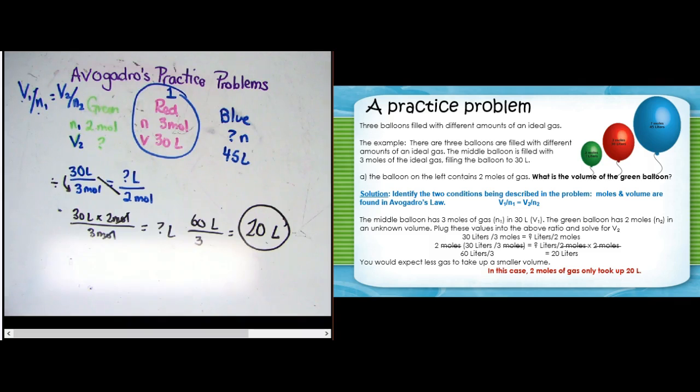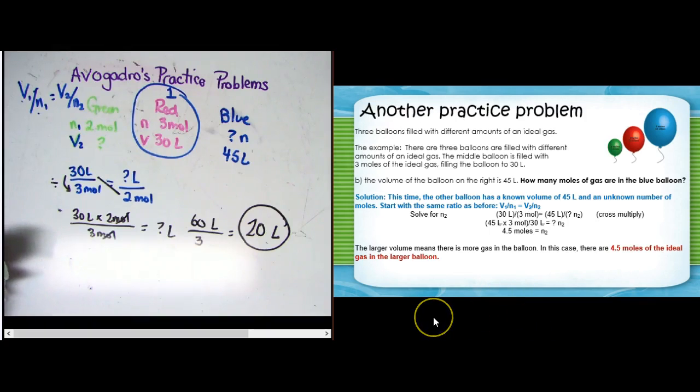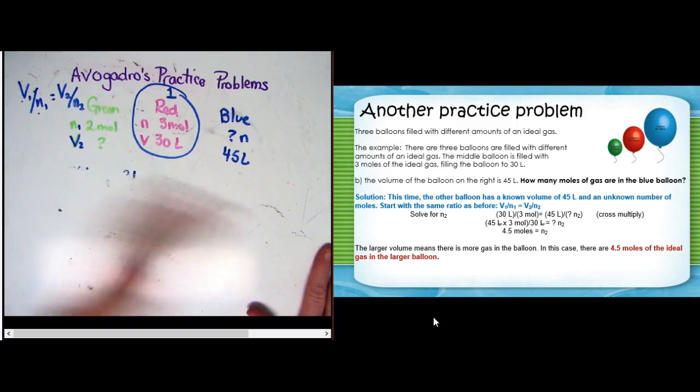Okay? You'd expect this because less gas should have a smaller volume. We had 3 moles in the red, we only had 2 in the green, so you would expect there to be a lower volume. Alright, so let's move to the other problem.